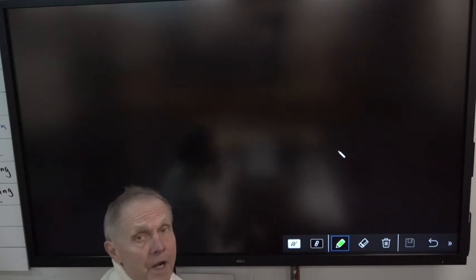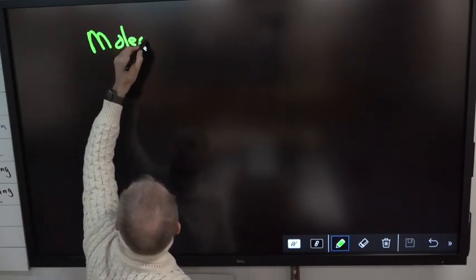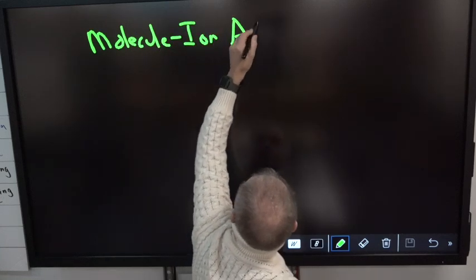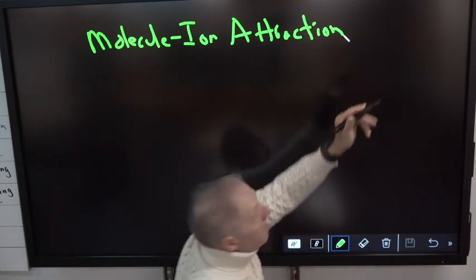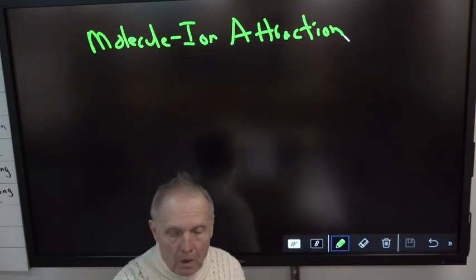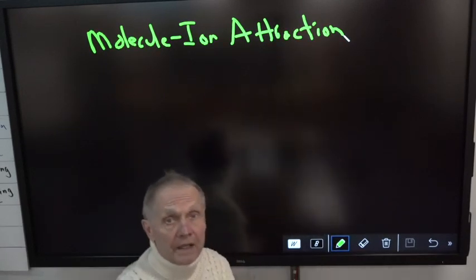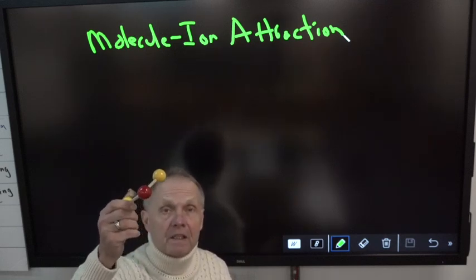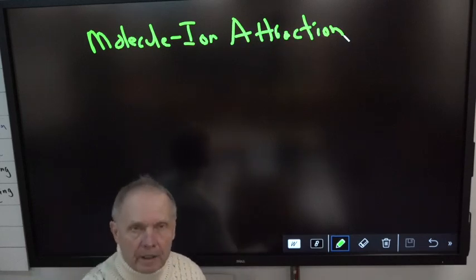So there are two names for this bond. The molecule-ion attraction, well, the molecule is water. The very strong dipole, water, and ion comes from ionic bonds.